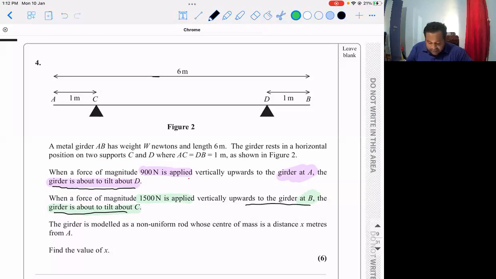Okay, the girder is modeled as a non-uniform rod. So what is the meaning of non-uniform rod? If it is a non-uniform rod, its center of mass is not acting exactly at the center. So what they are saying, the center of mass is at a distance of x meters from A. Find the value of x.